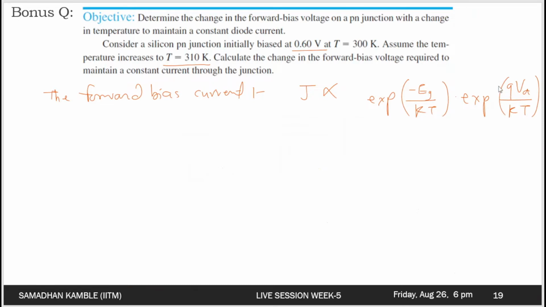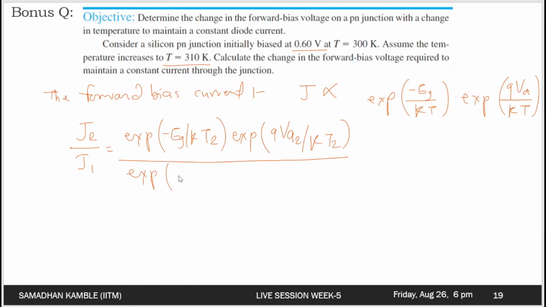Now if the temperature changes, we may take the ratio of the diode currents at the two different temperatures, and that ratio is simply J2 over J1, which will be equal to exponential of minus Eg by kT2 times exponential of qVA2 by kT2, divided by exponential of minus Eg by kT1 times exponential of qVA1 by kT1.